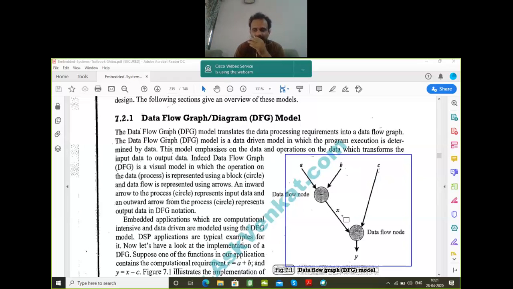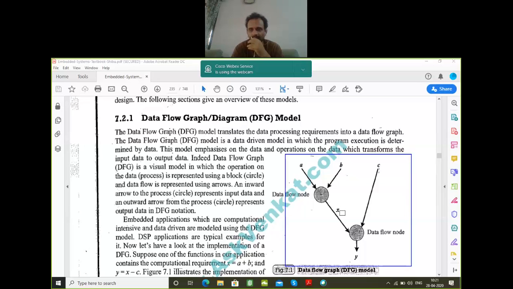The place where you perform certain operations is called a node. Arrows pointing to the node are inputs, so A and B are inputs. Arrows pointing outward of the node are outputs, so X is your output.